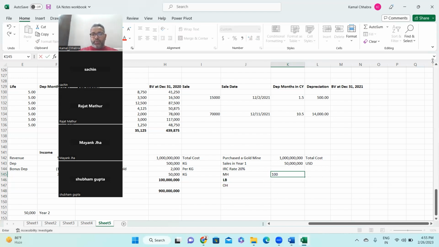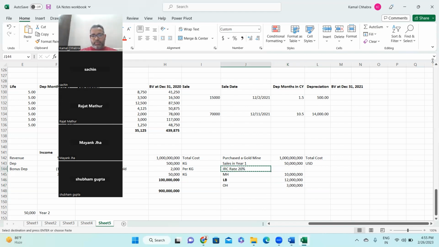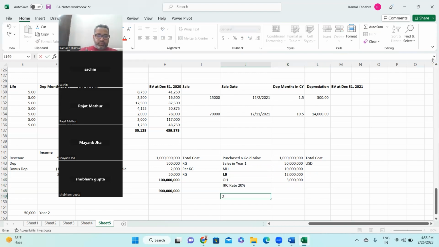Let's assume manufacturing cost is $10 million, labor cost is $12 million, and overhead cost is $3 million. So this is the total cost you have, and 20% is the IRC rate. In this scenario, what will be the depletion for year 1?